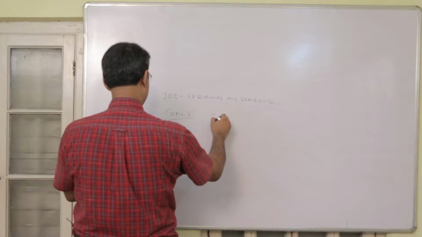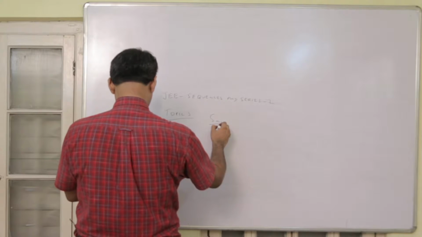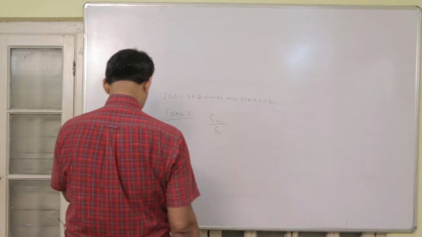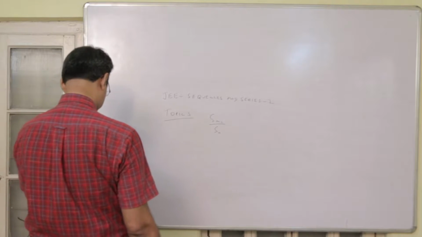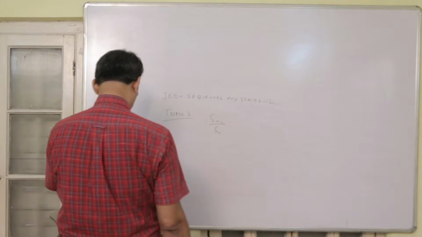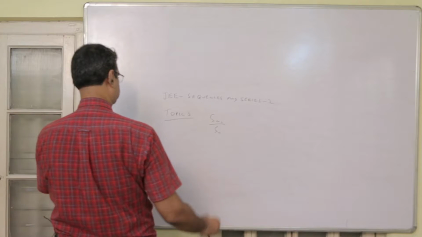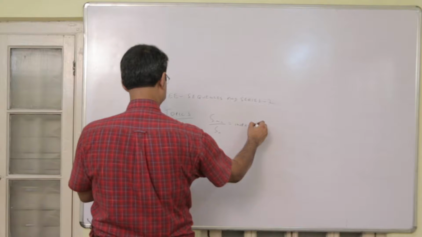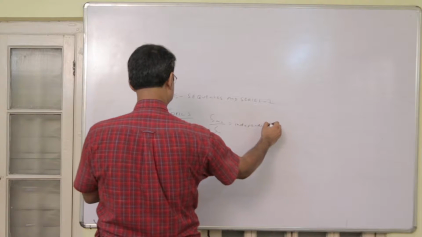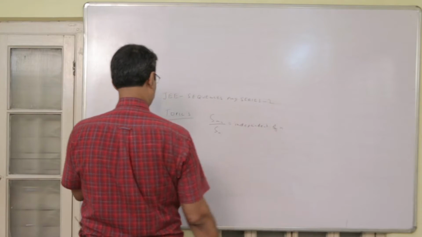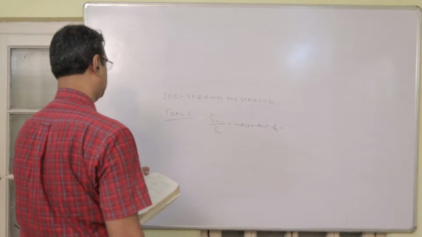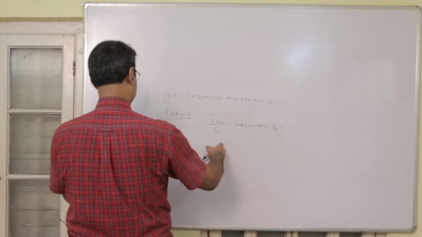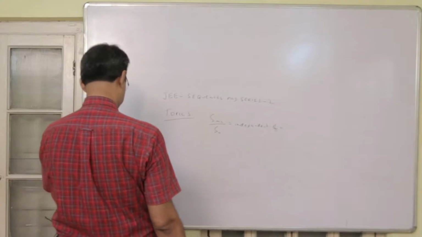Suppose there's a question: find an arithmetic progression in which the sum of mn terms to the sum of n terms is independent of n. So the question is, you have to find an arithmetic progression in which the sum of mn terms to the sum of n terms is independent of n.